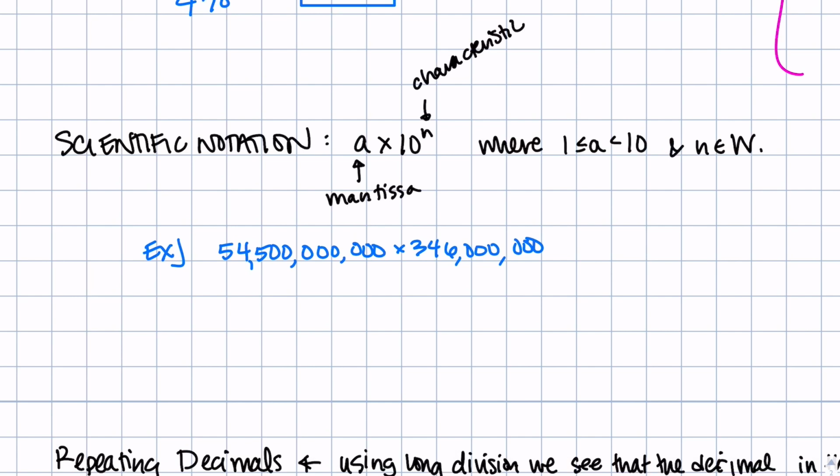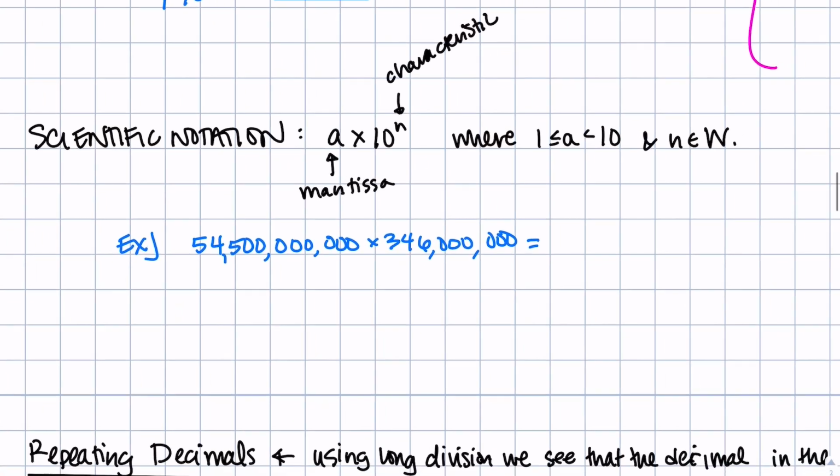Okay, so I could use scientific notation to simplify each of these numbers. I guess that's 54,500,000,000, and I think that's 346 million that we're multiplying together.